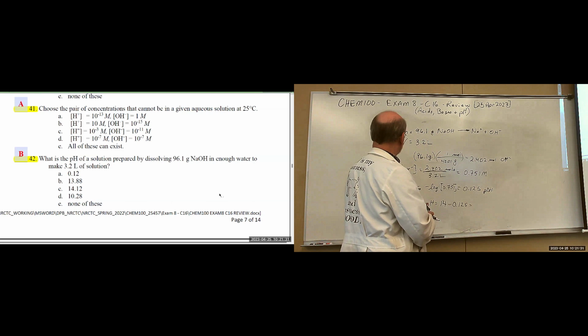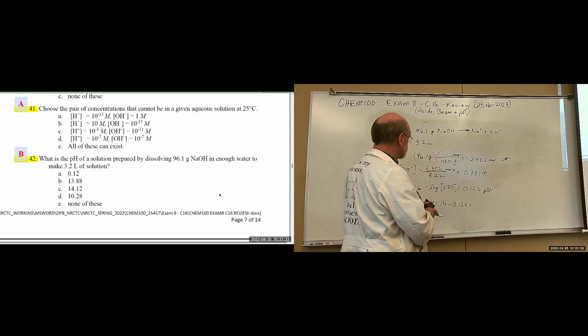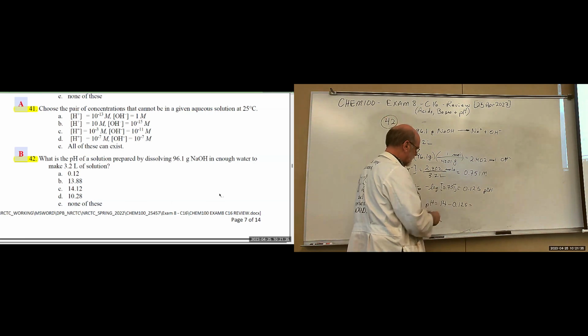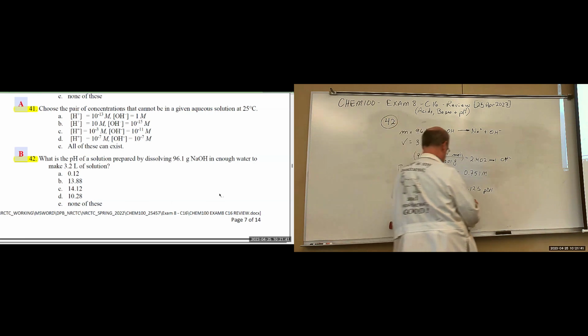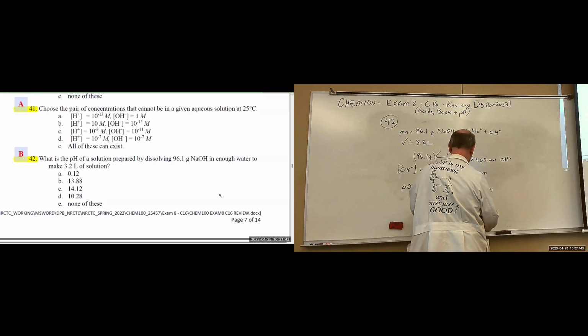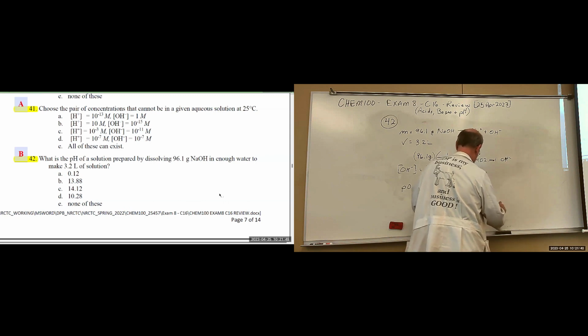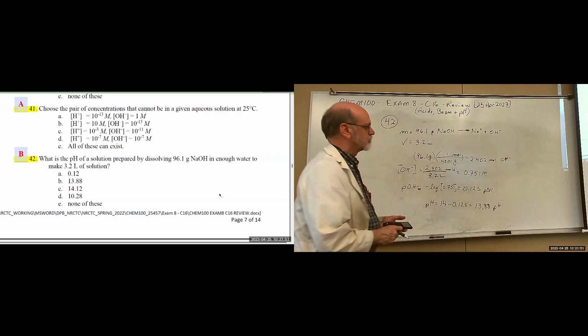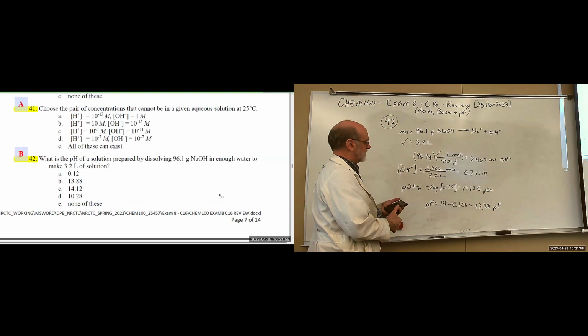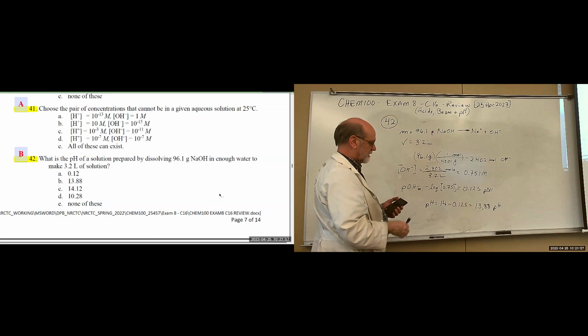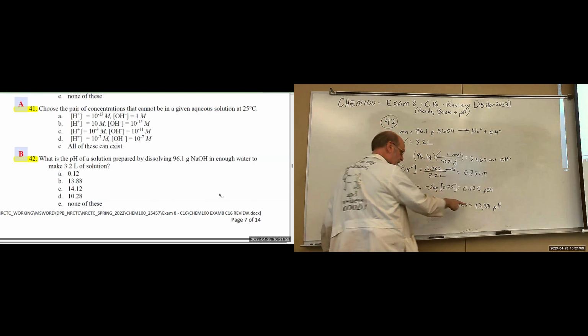We're limited to 2 decimal places, so as soon as I get this, I'll have to round it. All right, I got 13.88 pH. There it is, B. B is our answer. It took several steps, but we knew we were going to end up here.